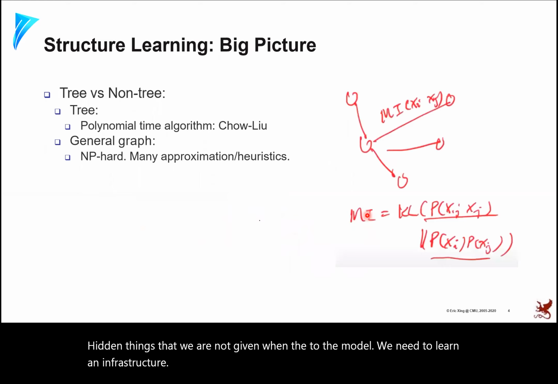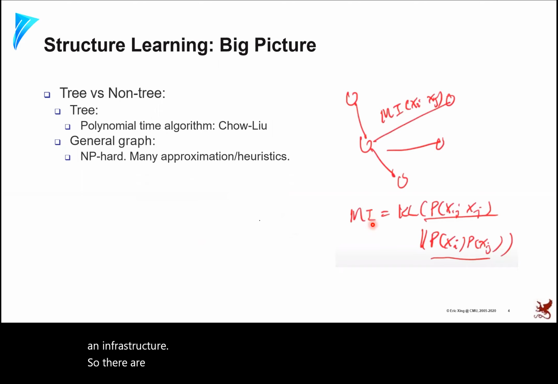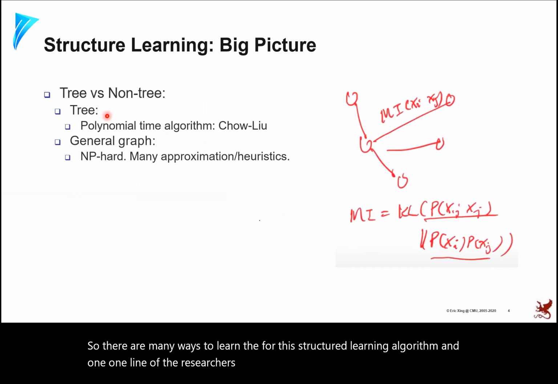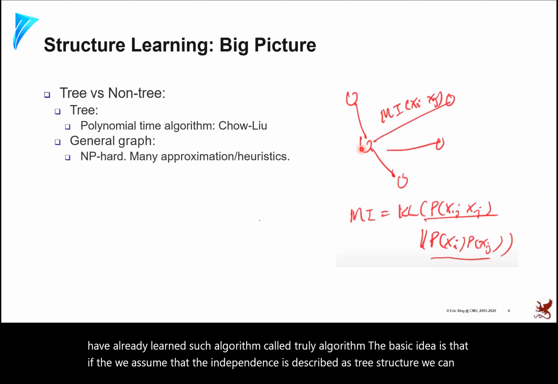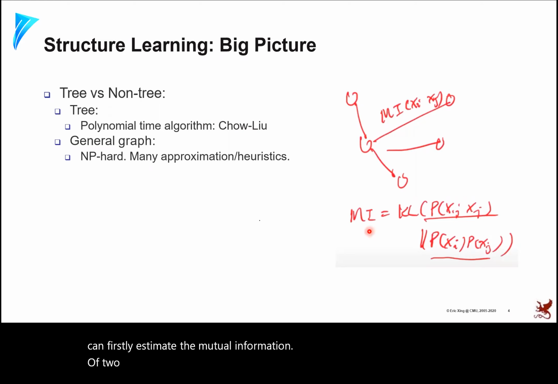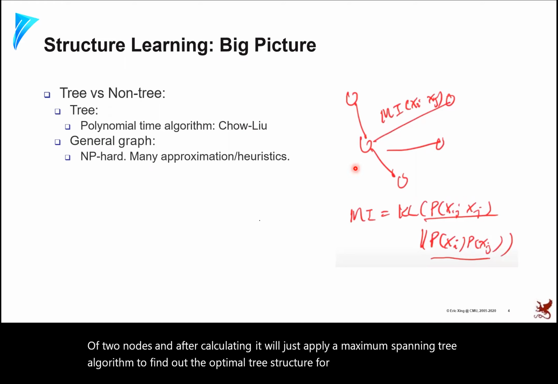There are many ways to do this structure learning, and one line of research is to do it with trees. In lecture two, we have already learned such an algorithm, called the Chow-Liu algorithm. The basic idea is that if we assume the independence is described as a tree structure, we can first estimate the mutual information of two nodes, and after calculating it, we just apply a maximum spanning tree algorithm to find the optimal tree structure for this data.